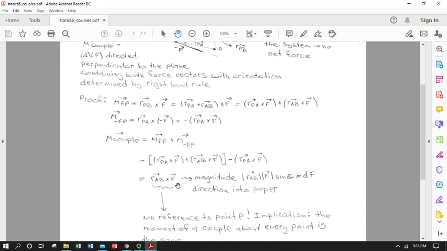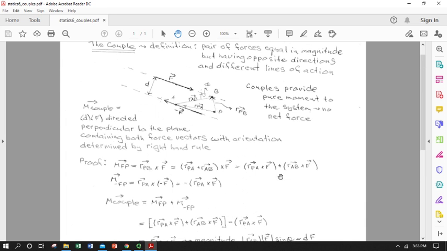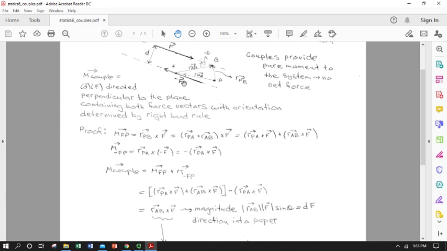So I'm going to go back to that geometrical definition of the cross product and say, well, I could write this as the magnitude of R A B times the magnitude of F times the magnitude of the sine of the angle between. What's the sine of the angle between? Right here. This is the angle between the two, the acute angle. Okay, the sine of that angle, though, times the magnitude of R A B takes the perpendicular distance.